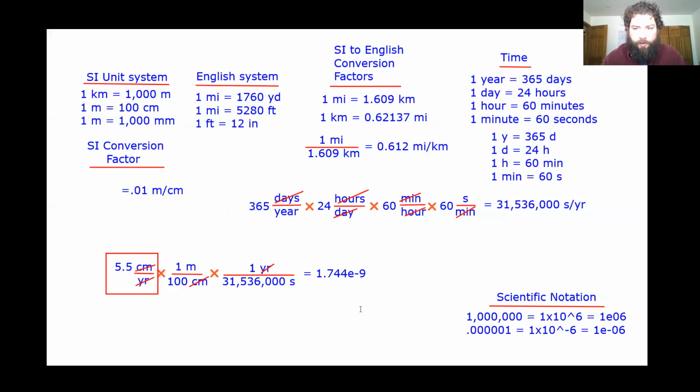So there's just one step left in this problem. We want to multiply by 45 seconds times 1.744 e to the negative 9. We'll do that on the calculator real quick.